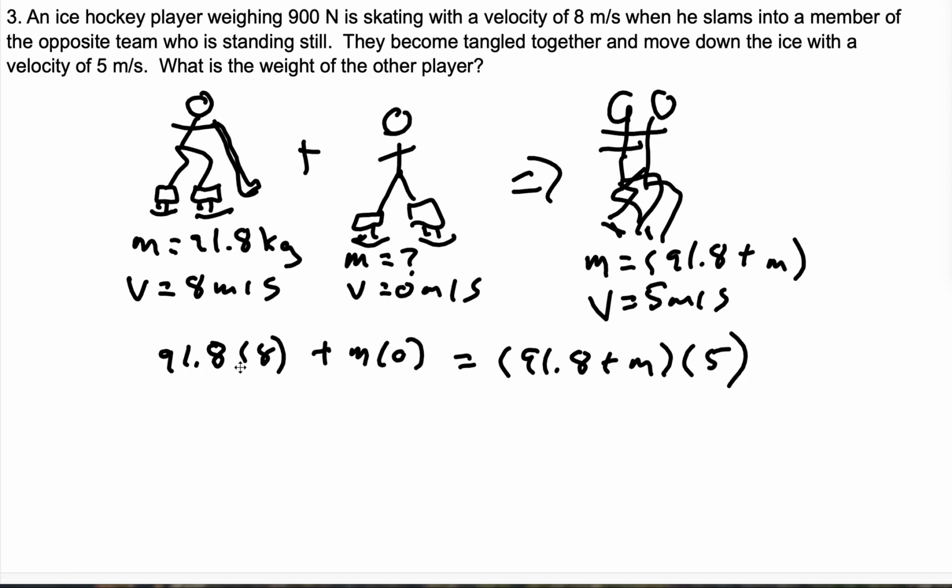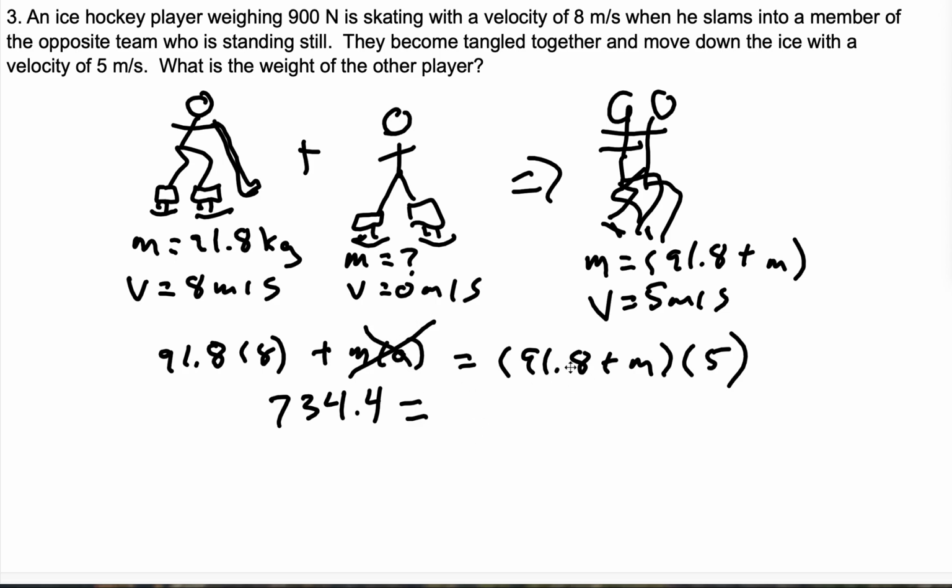Can someone tell me what 91.8 times 8 is? Okay, here we go. 734.4. So I have 734.4 plus 0, that's always just going to be the same thing. So do you see this term right here? It's just going to go away, right?